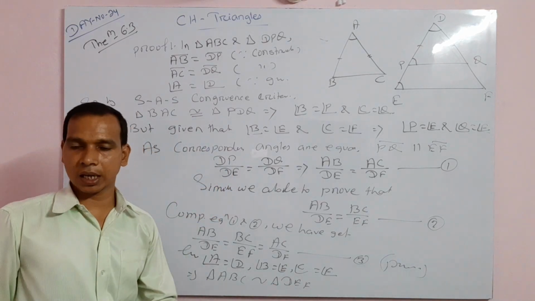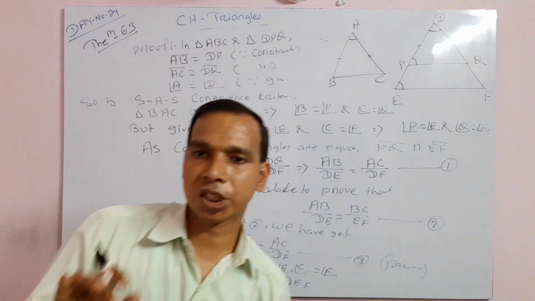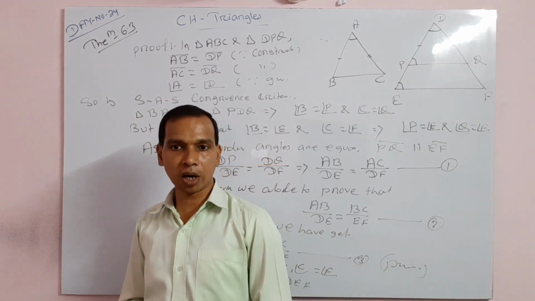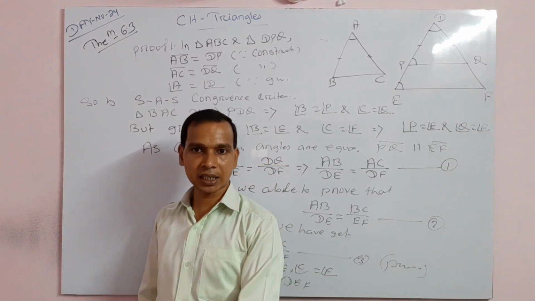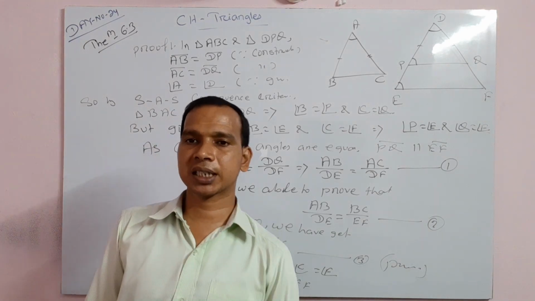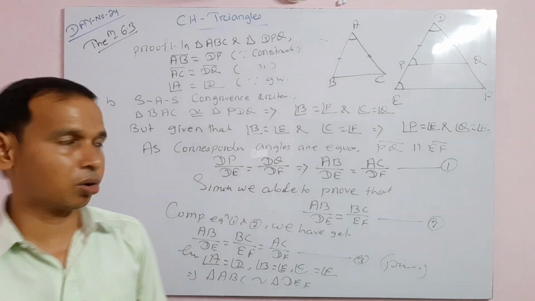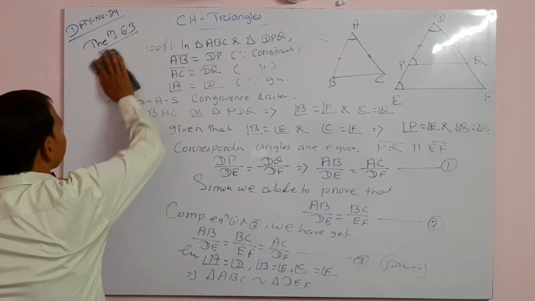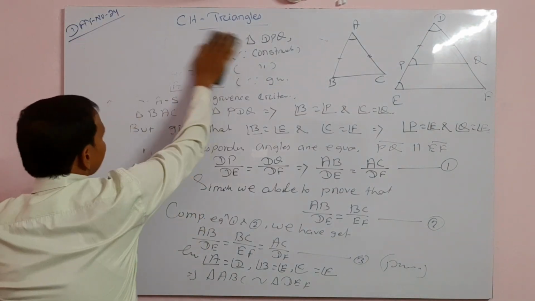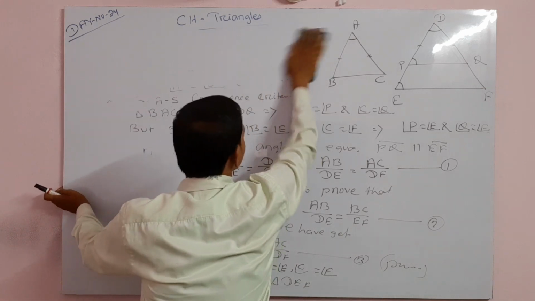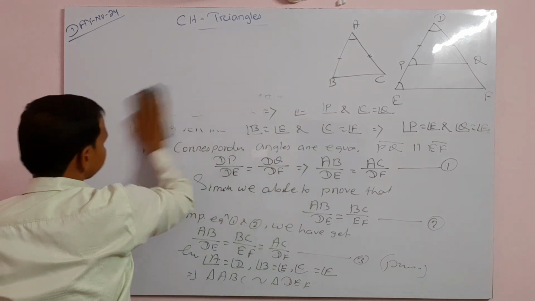Confirm this. Okay, mark here. So for similar triangles के लिए we need two conditions: respective angles are equal and corresponding sides are in ratio. That's why we write this. Confirm this. Okay, next theorem 6.4. Theorem 6.3 का just reverse here is 6.4.